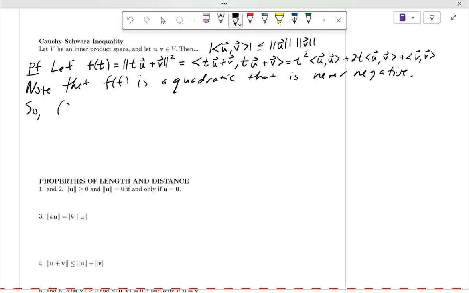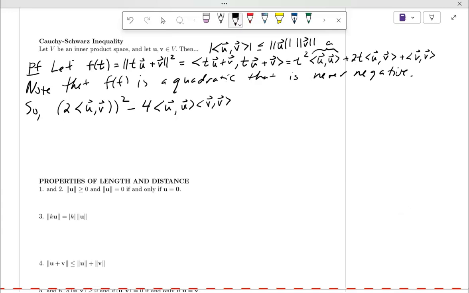So we have to have 2 times the inner product of u and v squared minus, what's a? Yeah, the inner product of u with itself, and what's c? Yeah, it's the v and v, right?